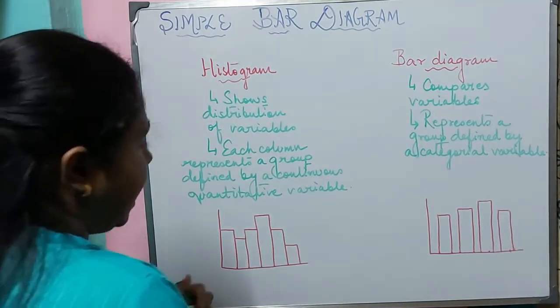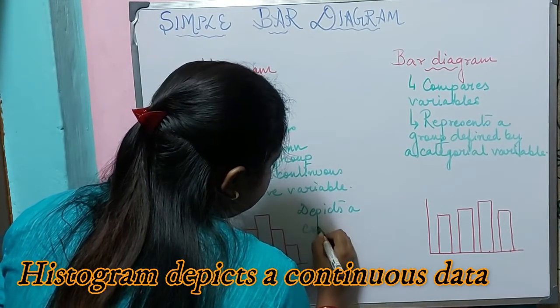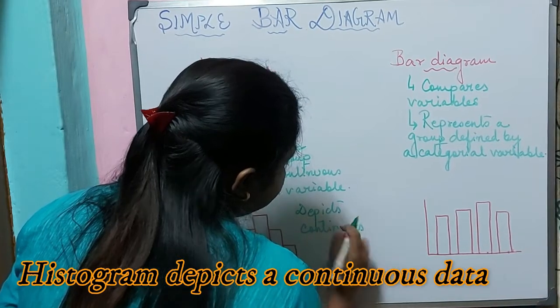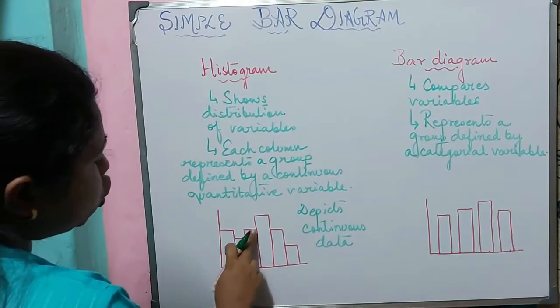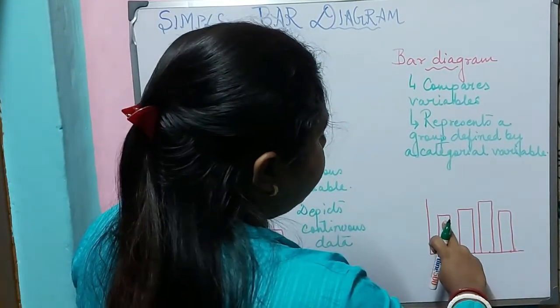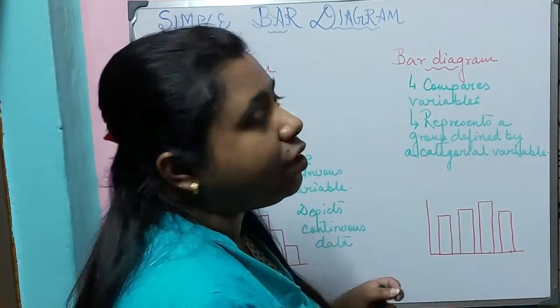That means we can say a histogram depicts continuous data, and the bars are joined together. In the bar graph, each bar represents a group defined by a categorical variable.